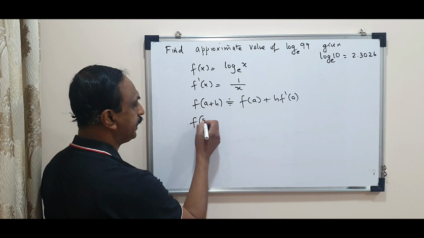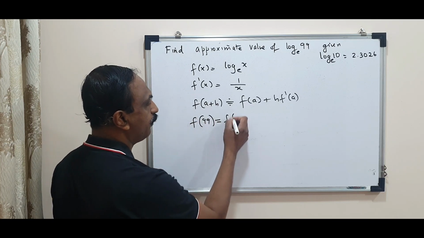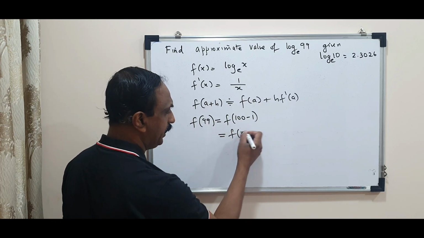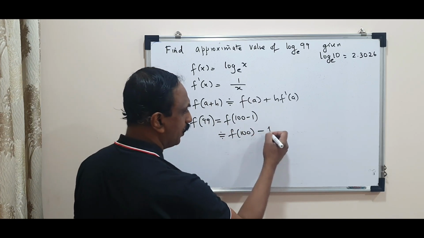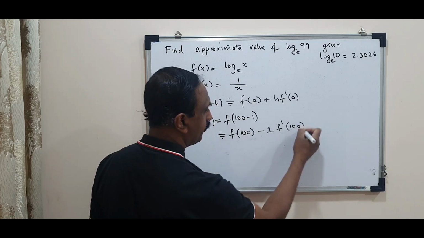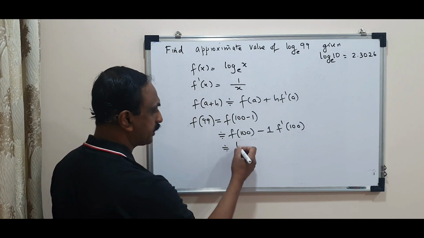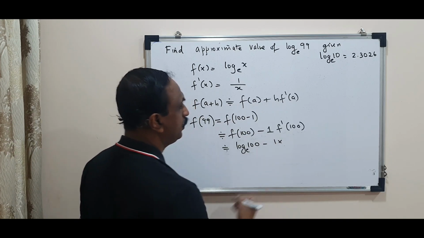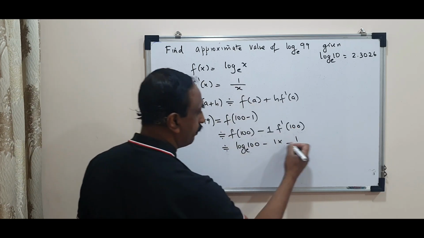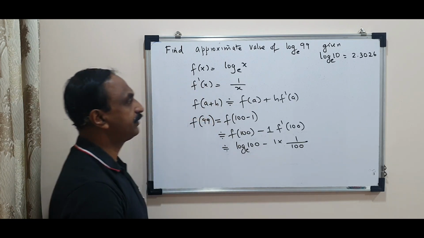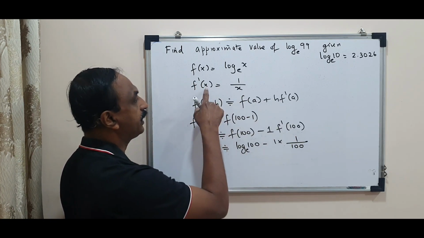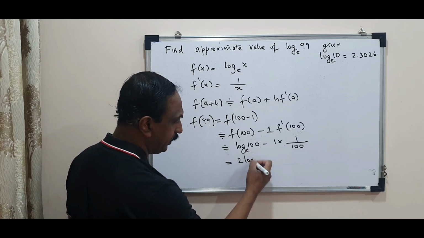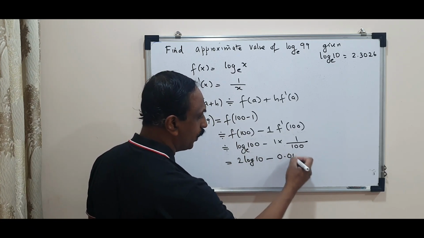So f of 99, I can write it as f of 100 minus 1 into f dash of 100. F of 100 is log 100 to the base e, minus 1 into f dash of 100. F dash of x is 1 by x, so f dash of 100 will be 1 upon 100, which is 2 log 10 minus 0.01.